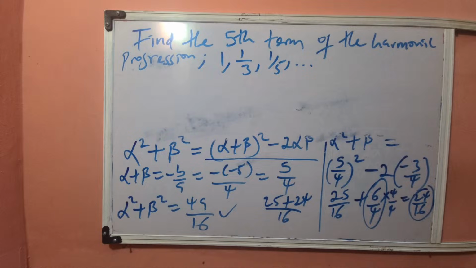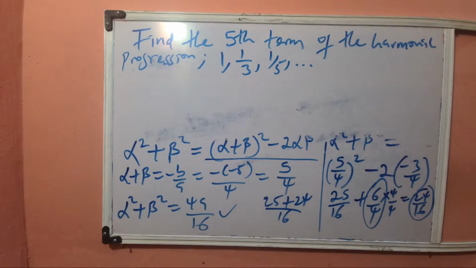I'm sure you guys remember what my definition was, because I took a whole class on sequence and series. Harmonic progression is generally defined based on your arithmetic progression. So when you take the reciprocal of your harmonic progression, you will get an arithmetic progression. Somebody wrote 9. That's very wrong. If you do the inverse, who is writing 9?